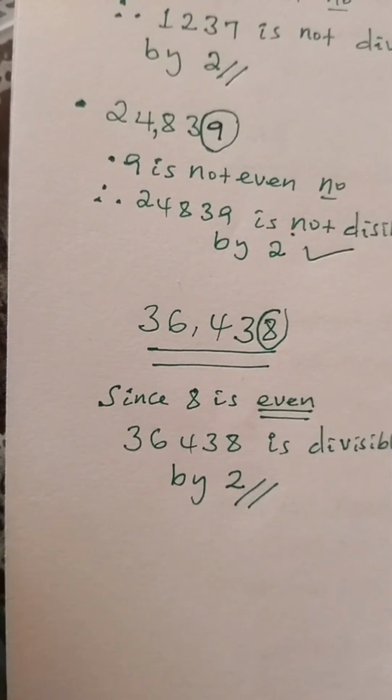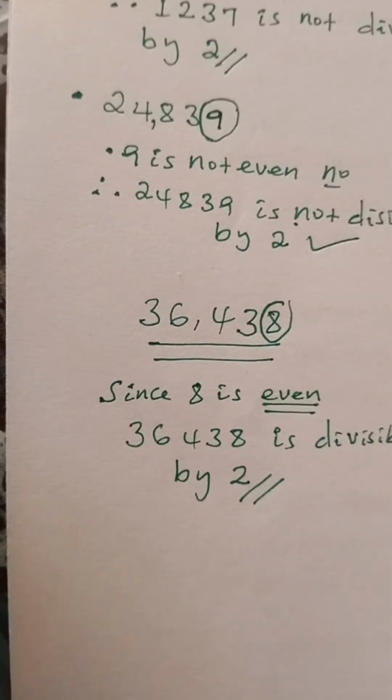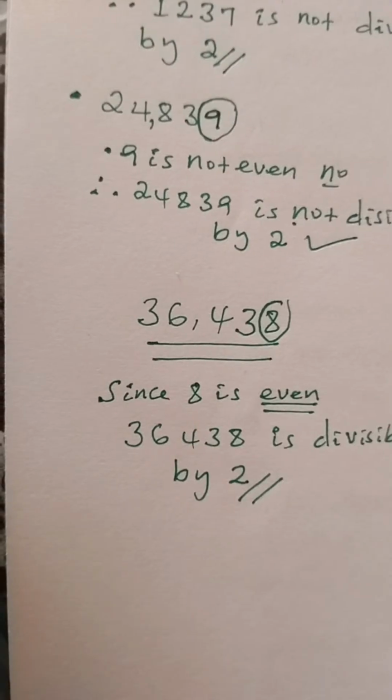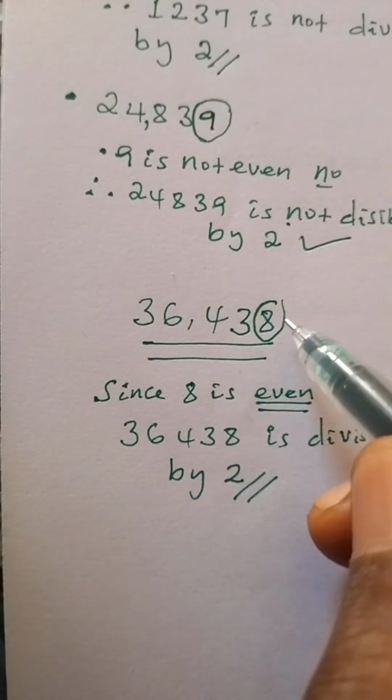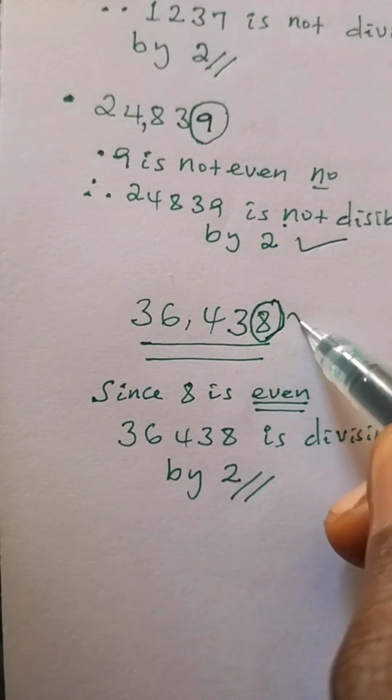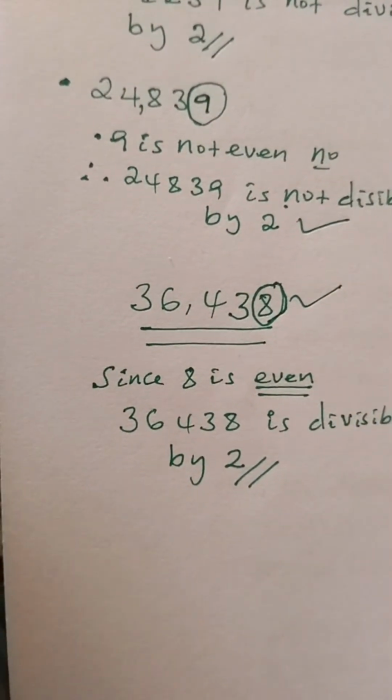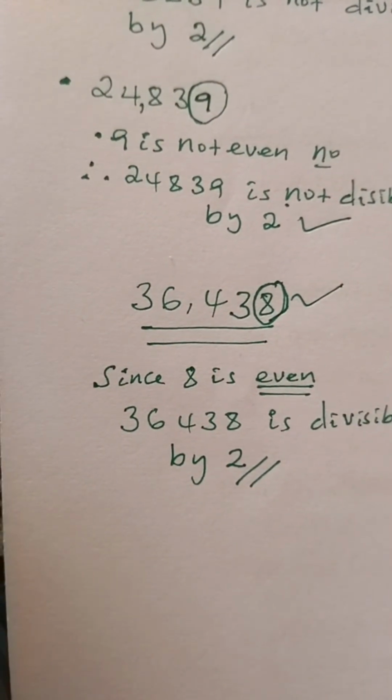Why? Because the last digit is an even number.